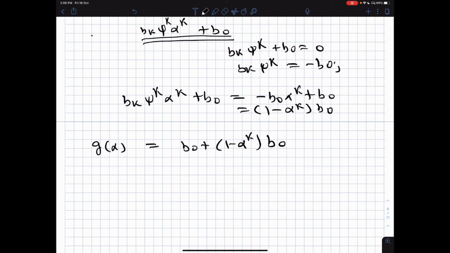Yeah, I mean this b naught is not there because we have already added it in the first two terms here.